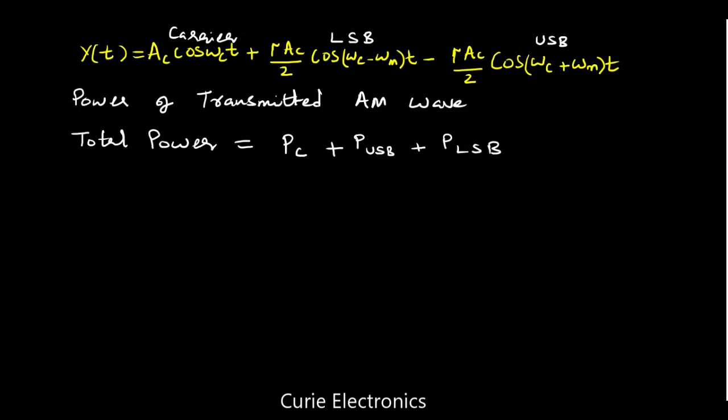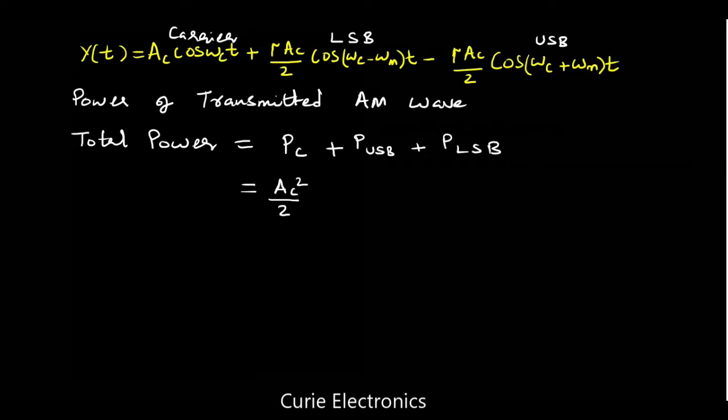How do you find the power of the wave? The power of the carrier wave Pc equals 1 by 2 multiplied by amplitude square.